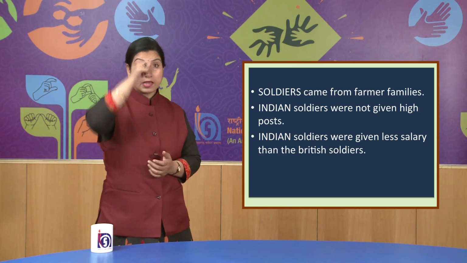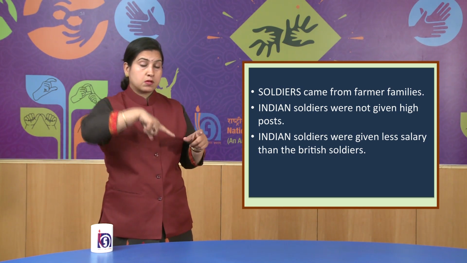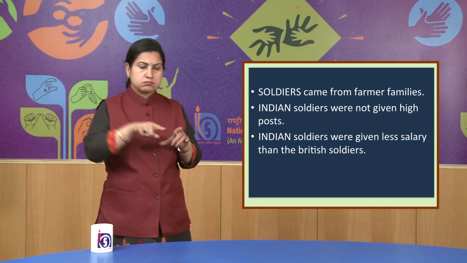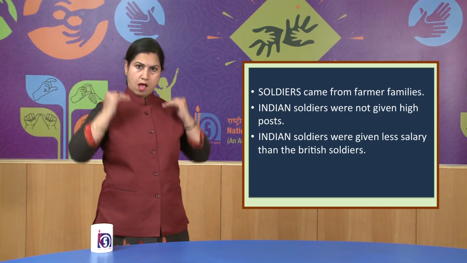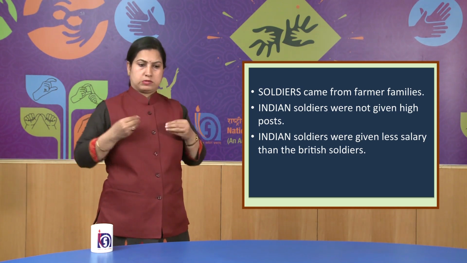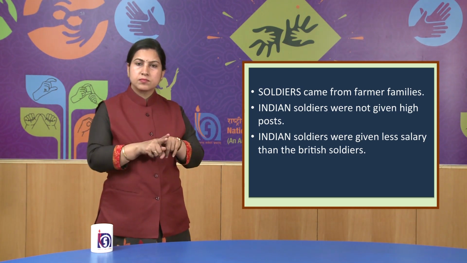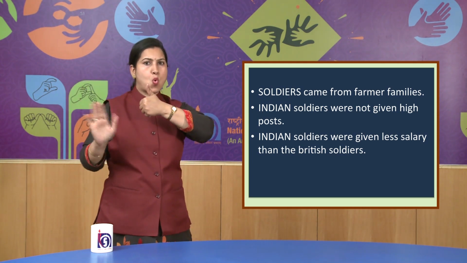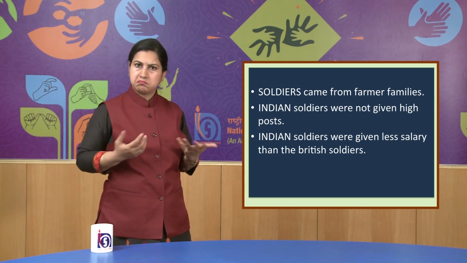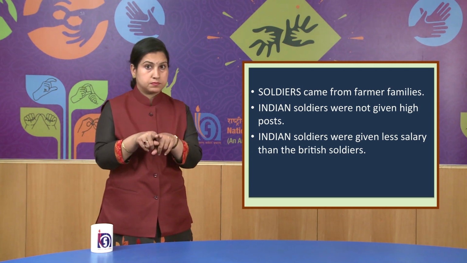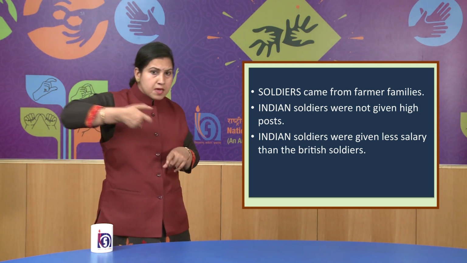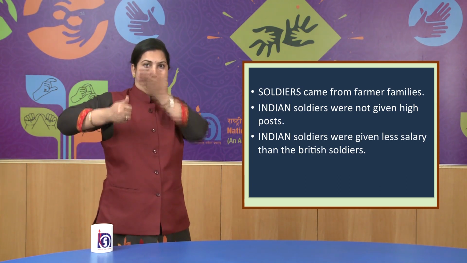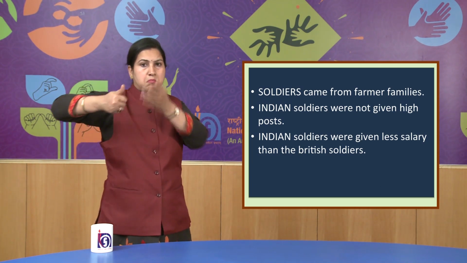The Indian soldiers working in the army were not given higher posts. They were not given posts above that of subedars. And also, the salaries of Indian soldiers were less than those of the British soldiers.